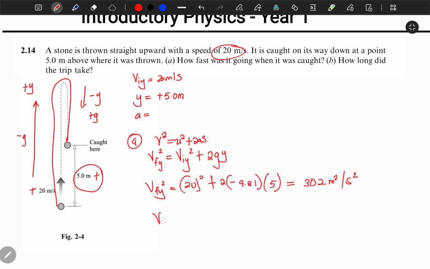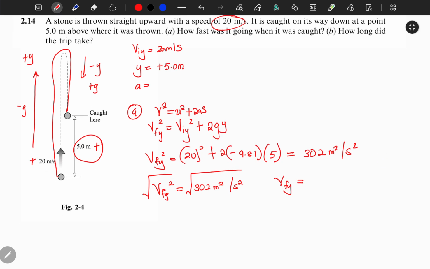So we have final velocity in y squared is 302 meters squared per second squared. Square rooting both sides, we get the final velocity in y. What do you get? I'm getting plus or minus 17 meters per second.